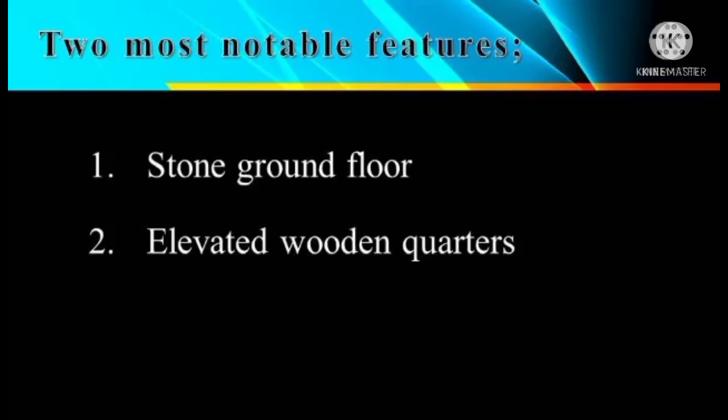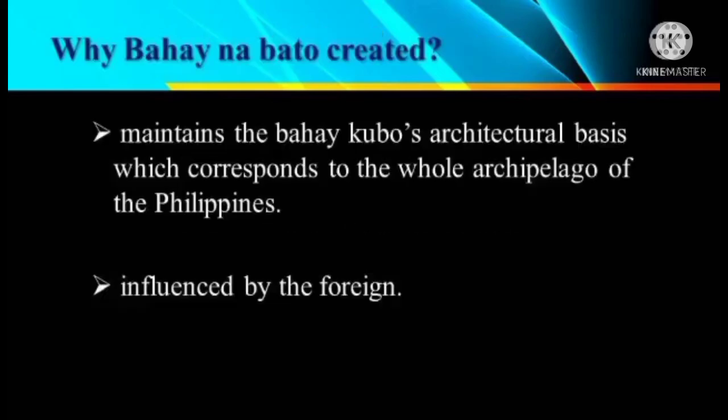The stone ground floor upgraded the elevated stilts of the bahay kubo to withstand earthquakes, yet still protect the occupants from seasonal flooding. The elevated wooden quarters, aside from keeping the occupants dry from seasonal flooding, are strategically elevated to catch the winds, which are stronger at higher elevations.